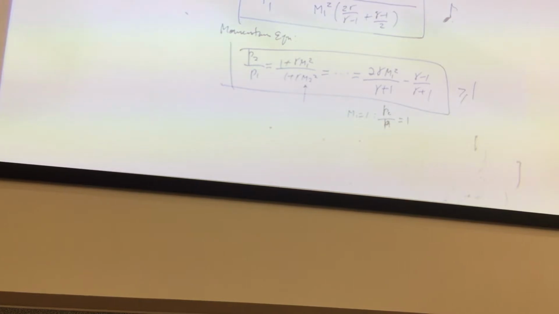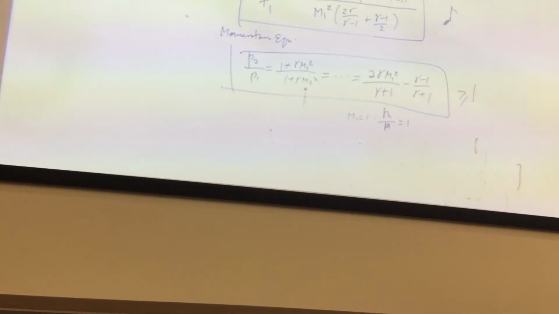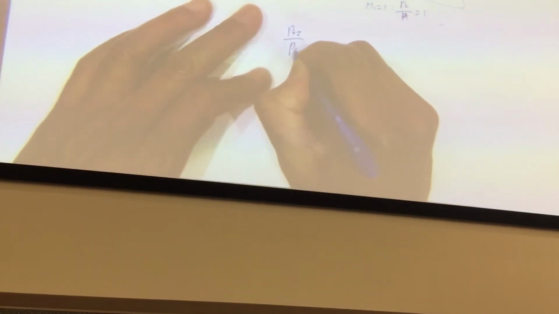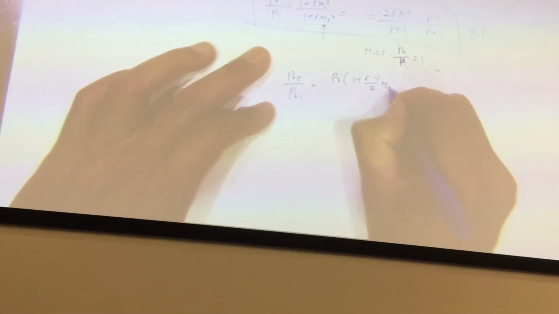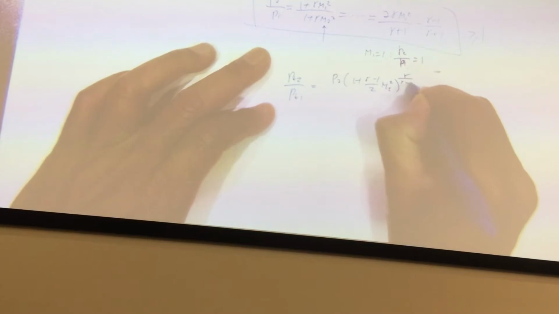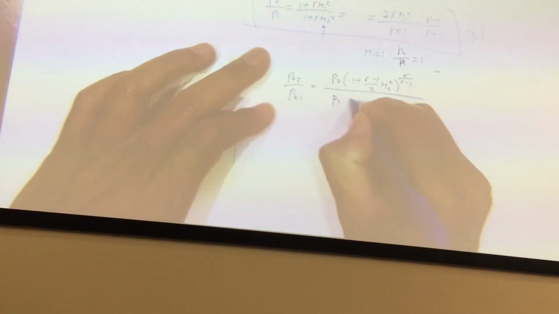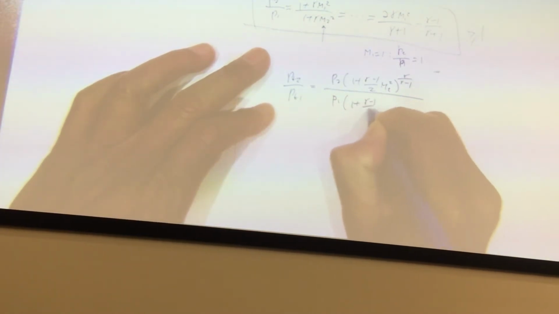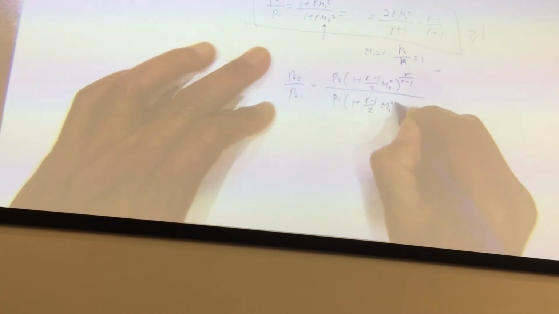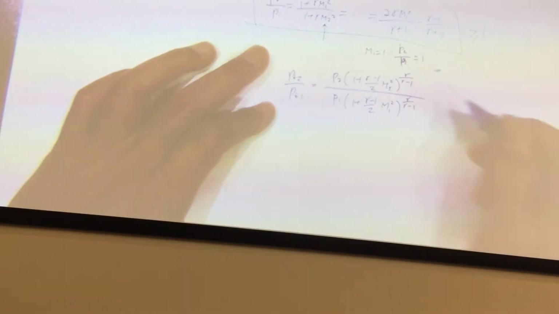Now, the trick here is, we use the momentum equation to get P2 over P1, and then we can find out PT2 over PT1. So PT2 over PT1 is equal to P2 times 1 plus gamma minus 1 over 2 M2 squared to the power gamma over gamma minus 1, over P1 times 1 plus gamma minus 1 over 2 M1 squared to the power gamma over gamma minus 1.